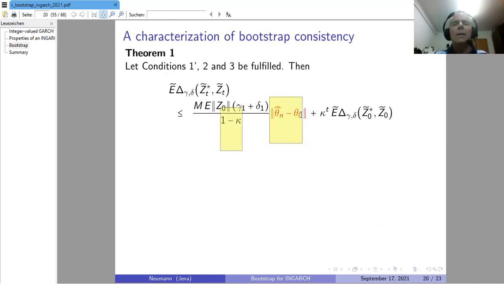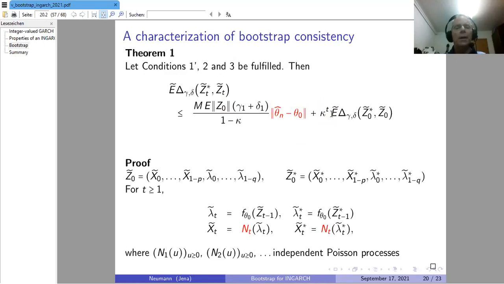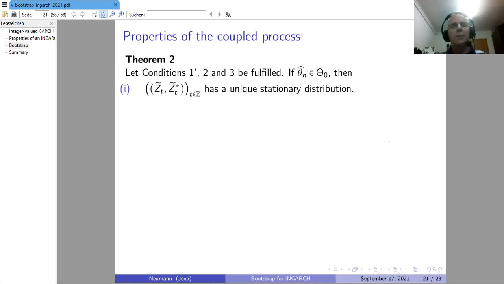Here we obtain as a factor the difference between theta n hat and theta 0, but our assumption was that theta n hat is a consistent estimator. That means as n tends to infinity, this factor tends to 0, times something which decays to 0 as t tends to infinity. This is the effect of different starting values of these two processes. Okay, the proof is again quite simple.